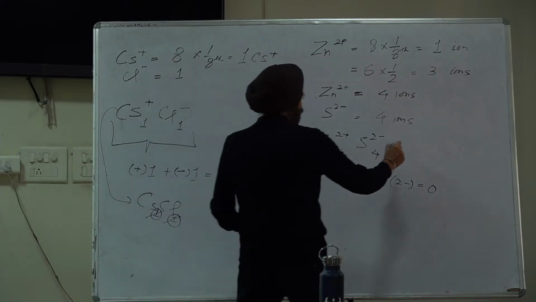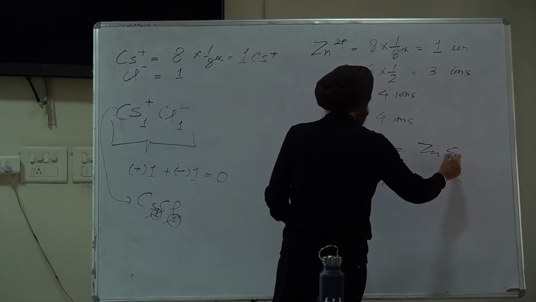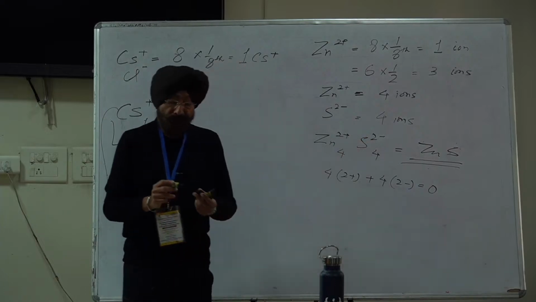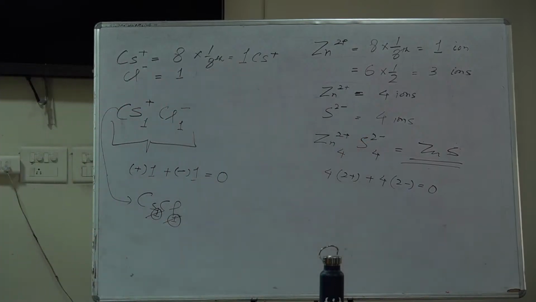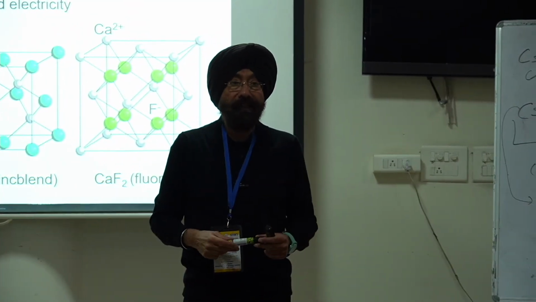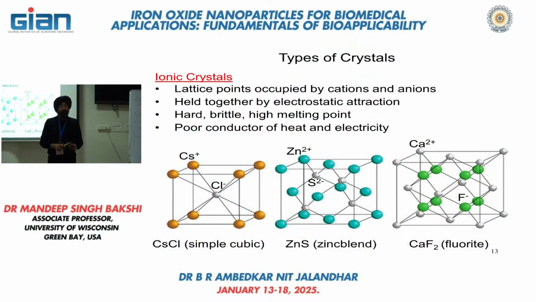So therefore I can write sulfide like this. You don't need to show the charges. You don't need to show how many atoms. Molecular formula for the sulfide that is repeating itself.